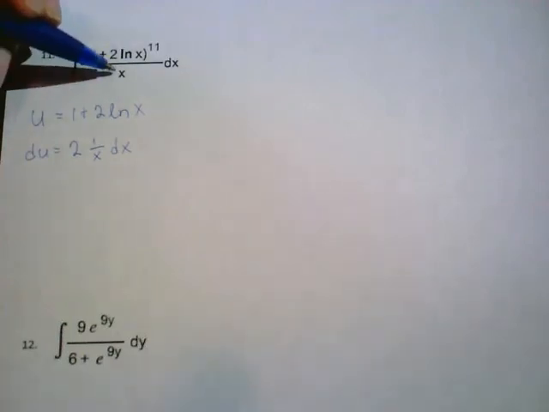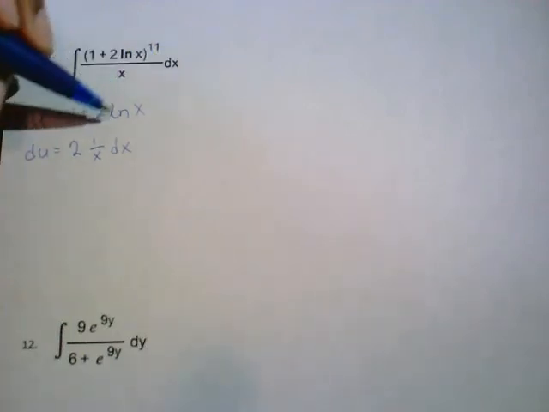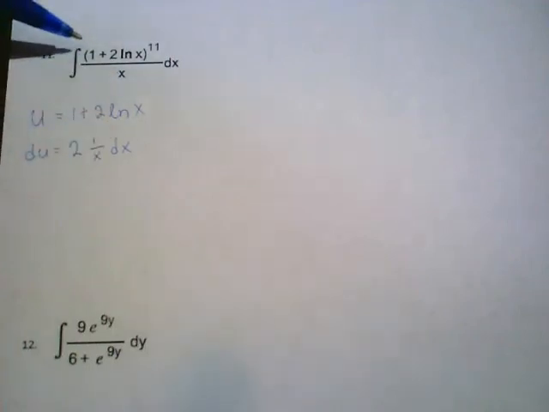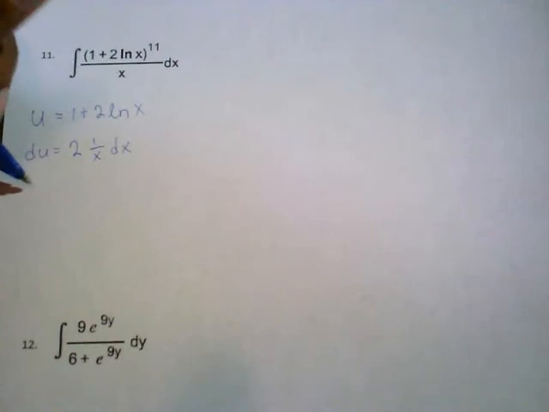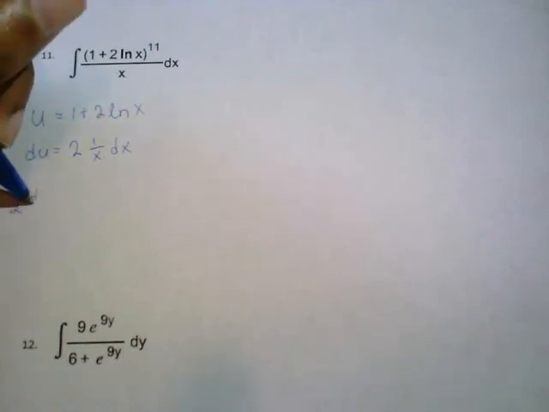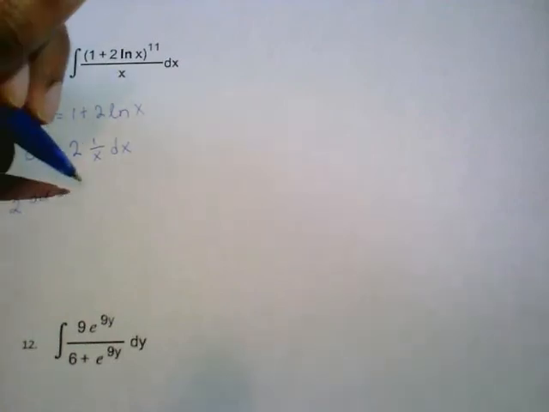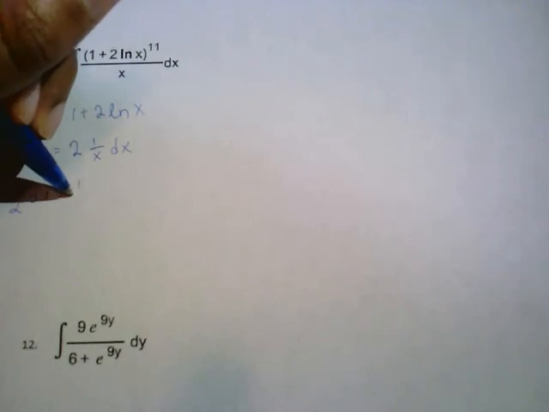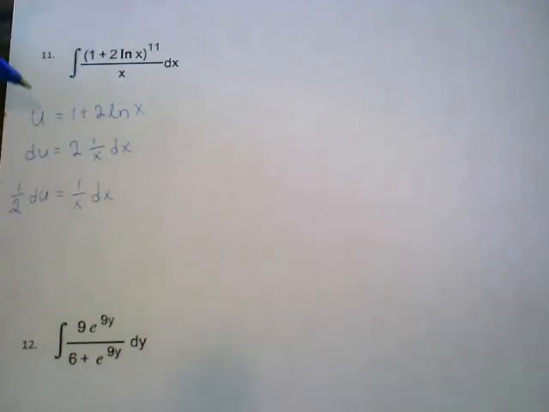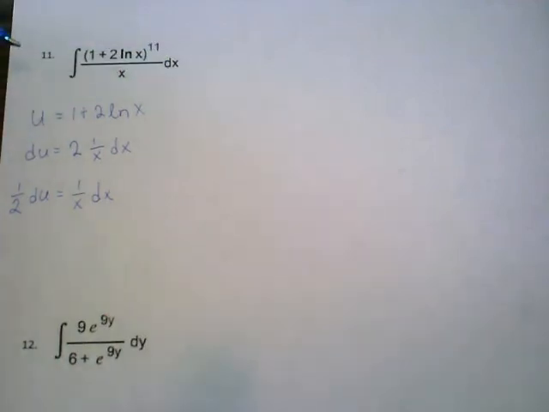So you see we have an x in the denominator, we have a dx that we want to get replaced out, but there's nothing we can do with the 2 here, so we'll make it 1/2 du to be substituted in for 1 over x dx, and that will take care of this x in the denominator and that dx.